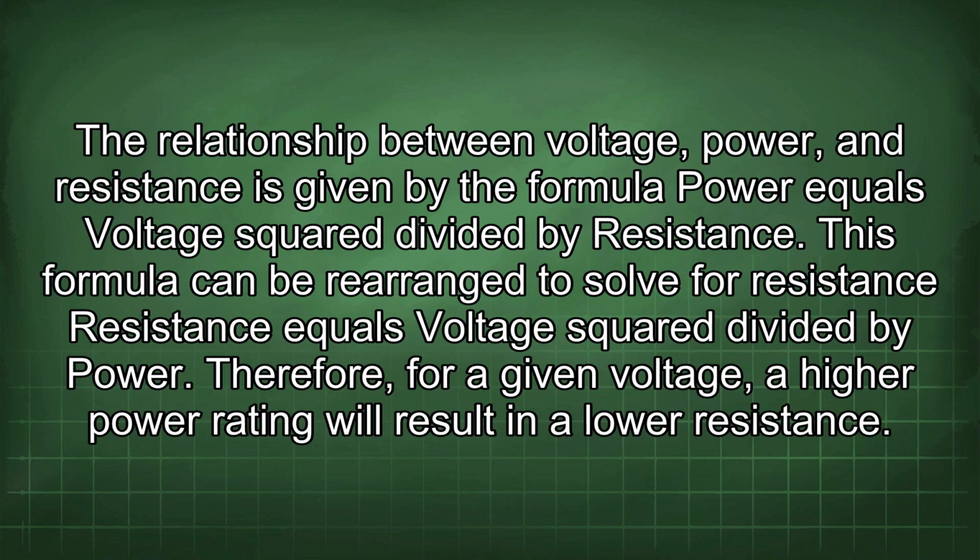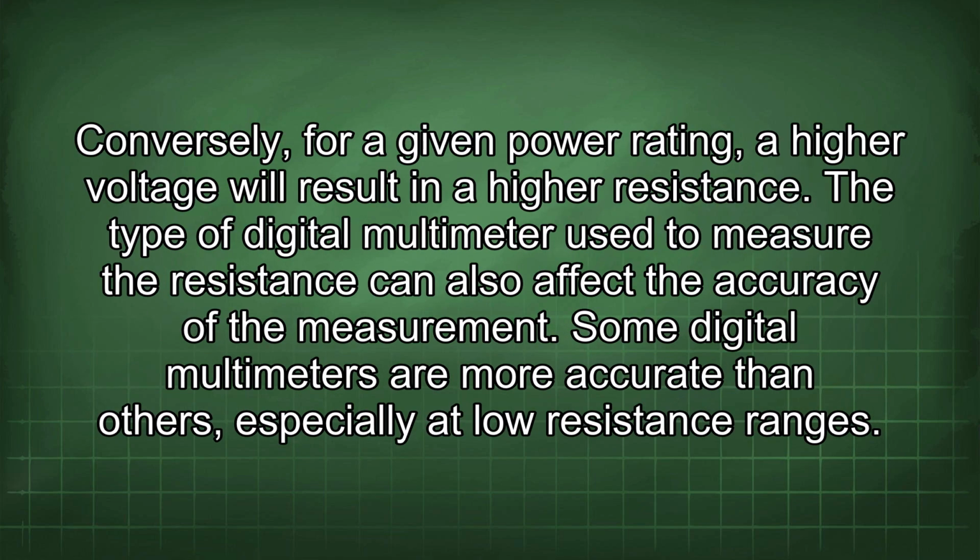The relationship between voltage, power, and resistance is given by the formula power equals voltage squared divided by resistance. This formula can be rearranged to solve for resistance. Resistance equals voltage squared divided by power. Therefore, for a given voltage, a higher power rating will result in a lower resistance. Conversely, for a given power rating, a higher voltage will result in a higher resistance.